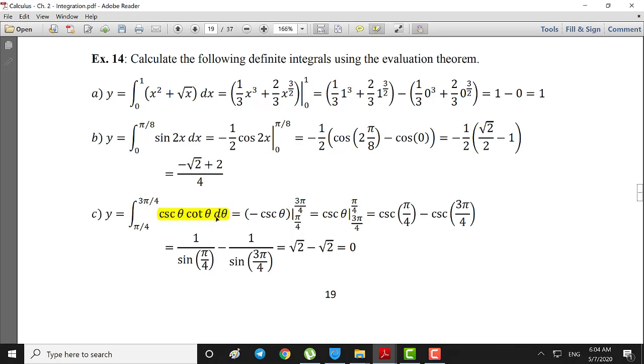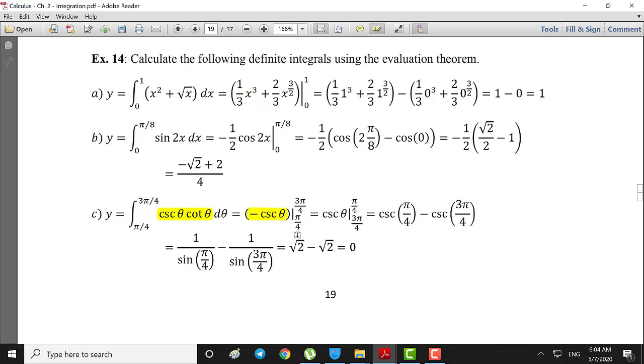Now, what is the antiderivative for cosecant cotangent? The antiderivative for it is minus cosecant. Now, according to the fundamental theorem of calculus part 2, you have to evaluate that at the upper limit and at the lower limit.